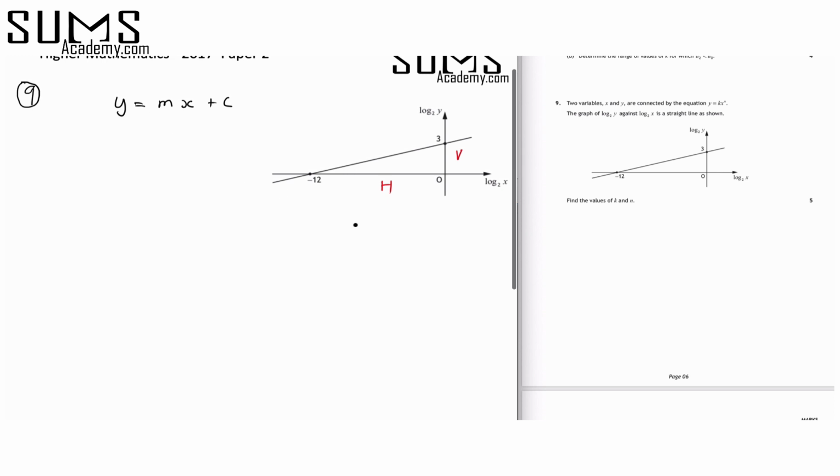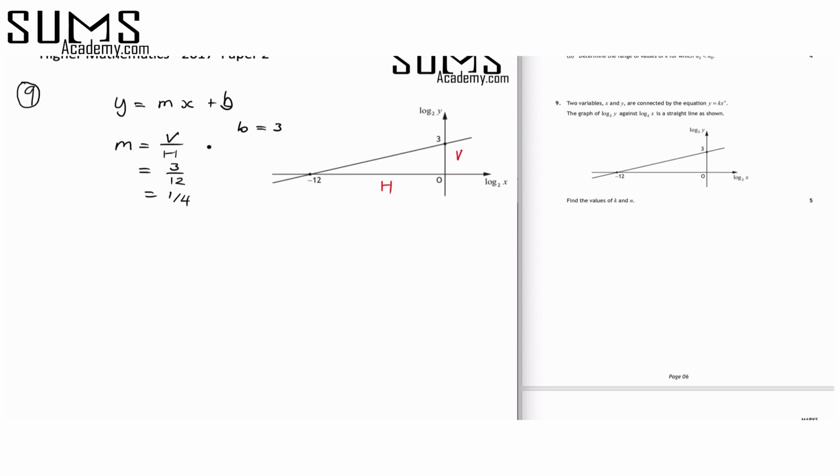First of all, we'll see that the y-intercept, which a lot of people call plus b, I call plus c, is going to be 3, so c is equal to 3, and the gradient m is just equal to the vertical change over the horizontal change, which is 3 over 12, which is the same as 1 over 4.